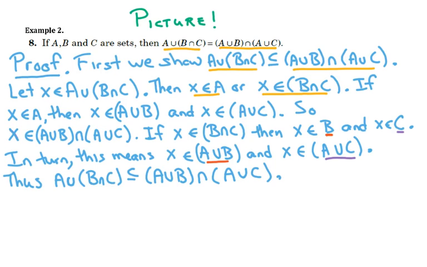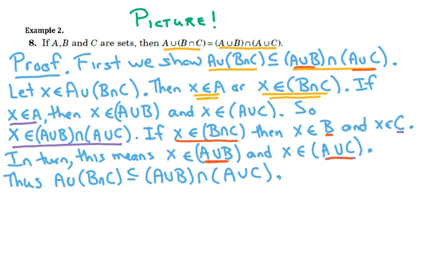Okay, so what did I do? Well, I said what it meant. X is either in A or X is in B and C. Then, if X is in A, I showed that that meant it was in that intersection. And then if X was in the other one, B and C, it was also in both of those two pieces, so it had to be in the intersection. So in either case, we got that subset.